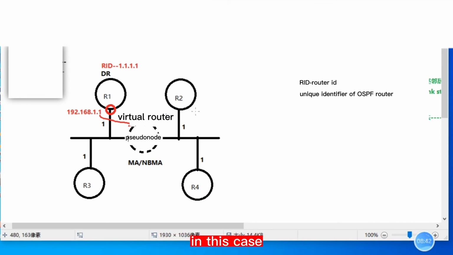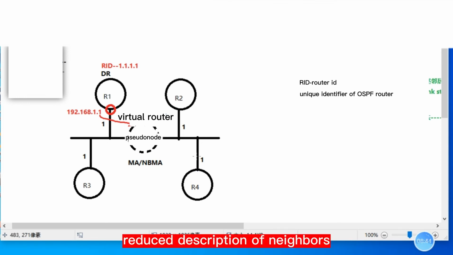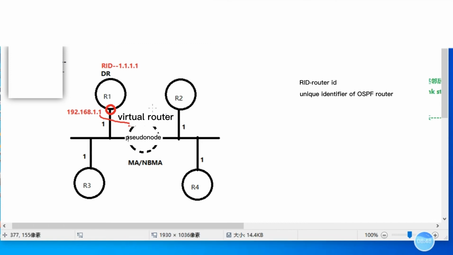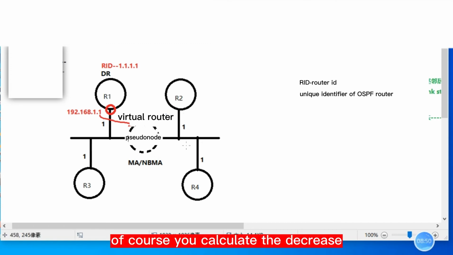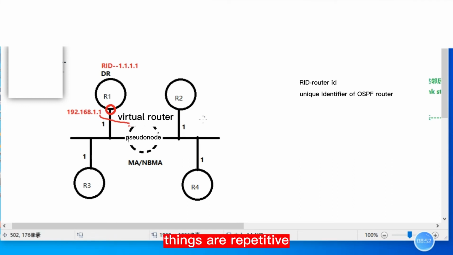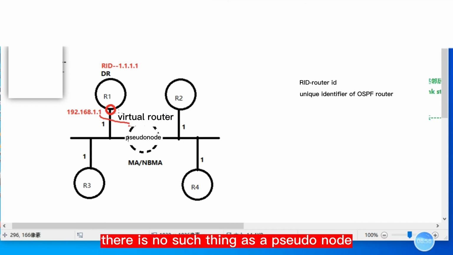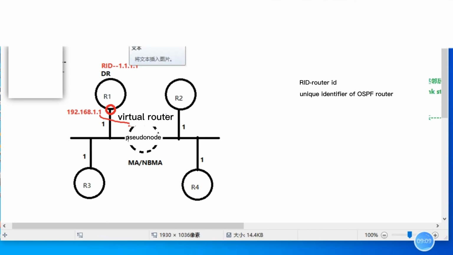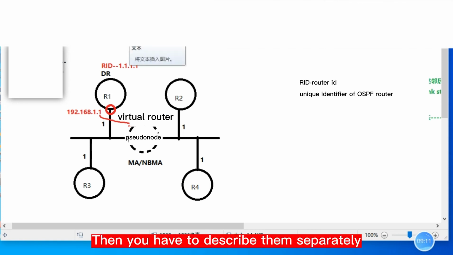In this case, there is a reduced description of neighbors, which means fewer SPF calculations, since you decrease the repetitive calculation. If you don't have this virtual router, if there is no pseudo-node, it means there is no concept of DR in the network. Then you won't know that we're on the same network, and you have to describe them separately.